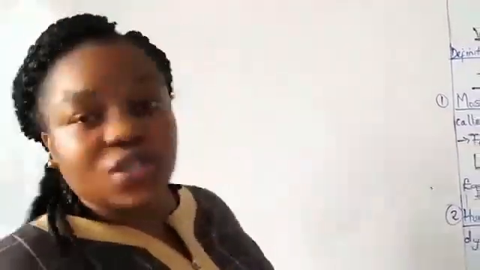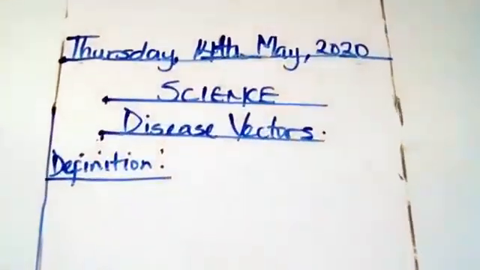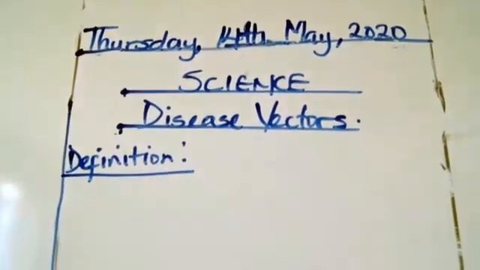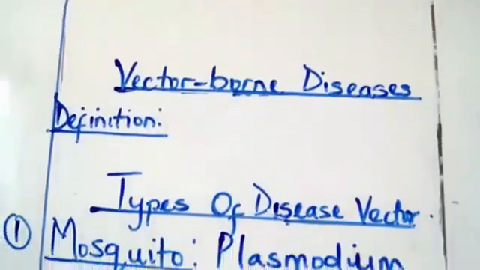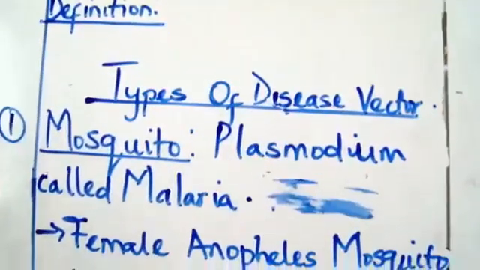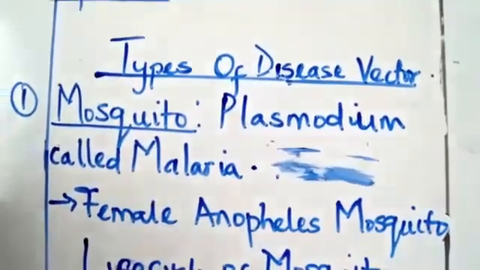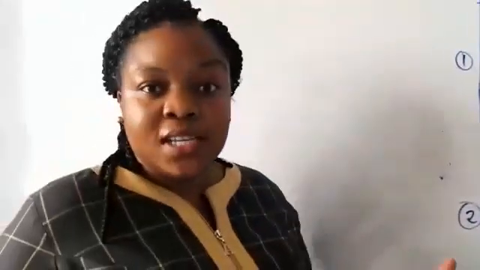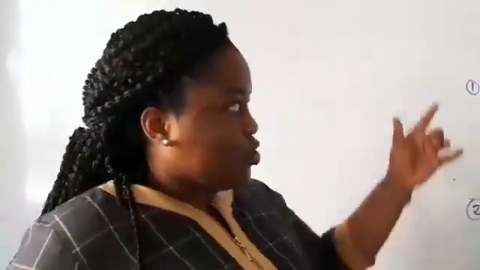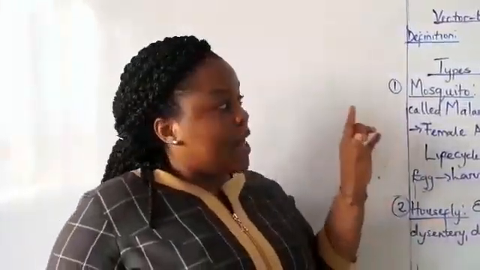So for today's lesson, we've talked about disease vectors, which are microorganisms that transmit illness or diseases from one living organism to another. We also said vector-borne diseases are the illnesses themselves, transmitted from one living organism to another through the microorganism known as a vector.